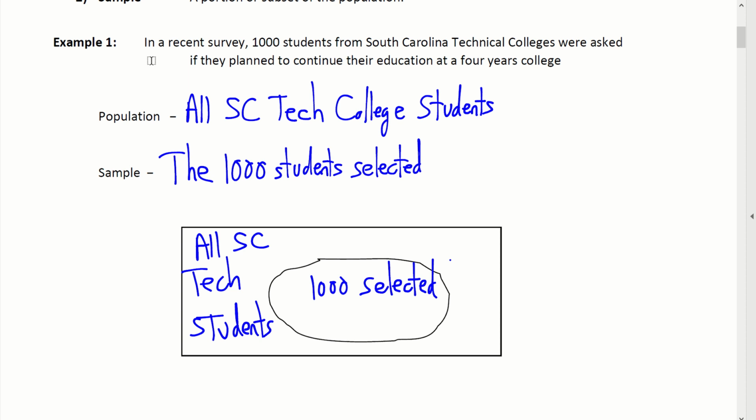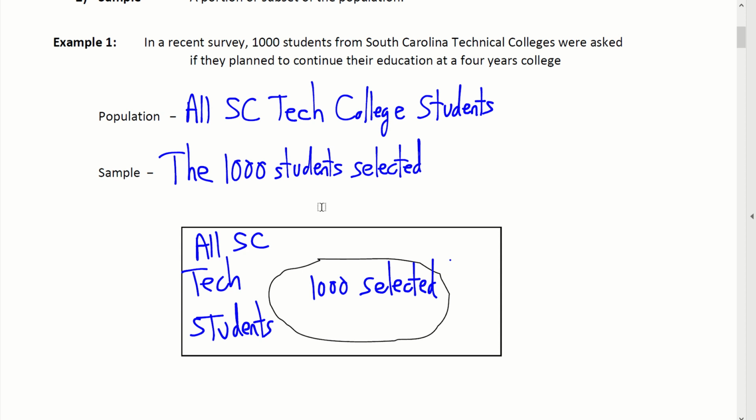For instance, in a survey of 1,000 students from South Carolina technical colleges, were asked if they plan to continue their education at a four-year college. The population for this study would be all SC Tech college students, and the sample would be those 1,000 students that were selected.